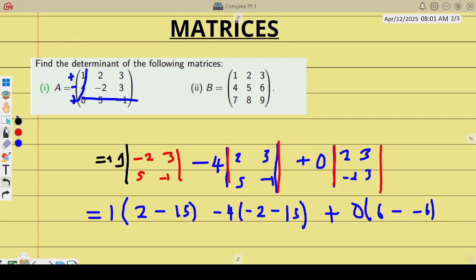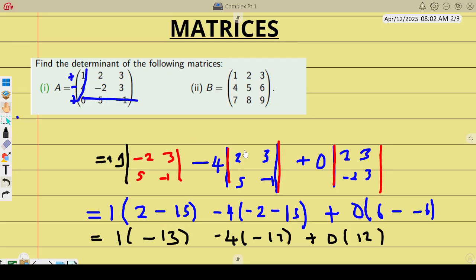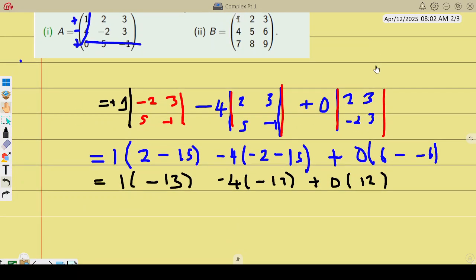At this point you can just pause the video, simplify everything, and then skip to check what I've done. So this is 1, negative 13, minus 4, negative 17, plus 0, 6 plus 6, it's 12. We're finding the determinant of matrix A, and the process is very long.